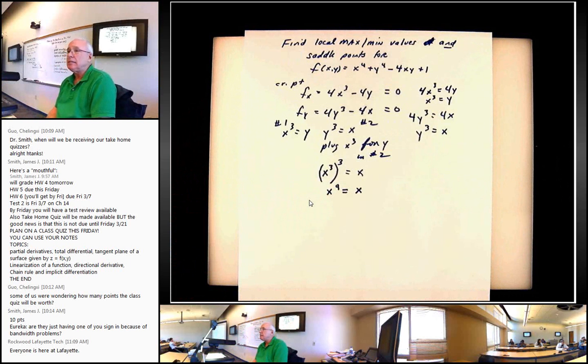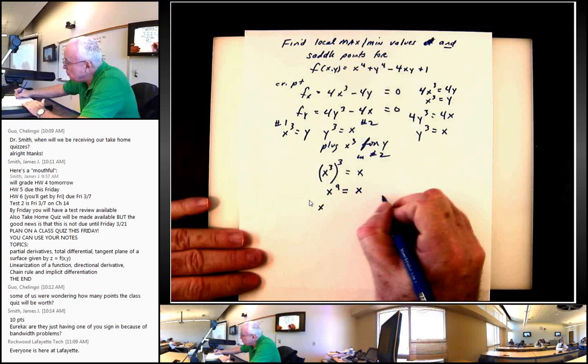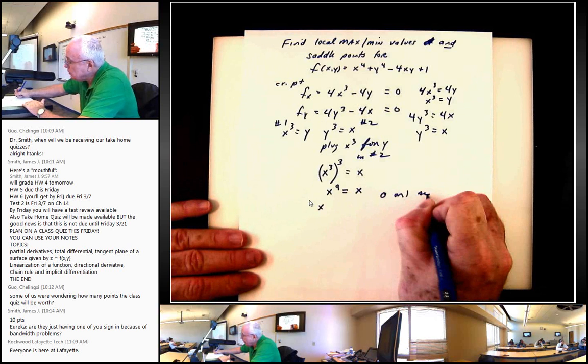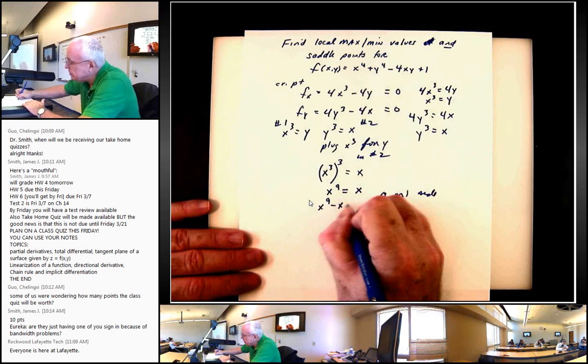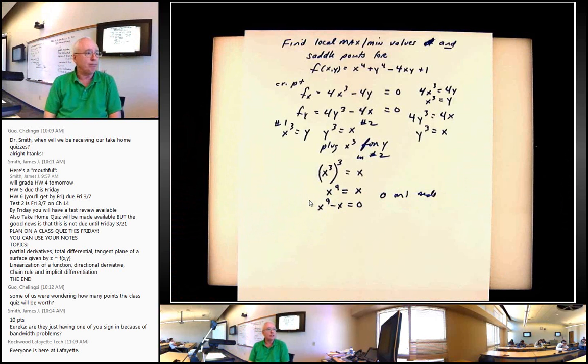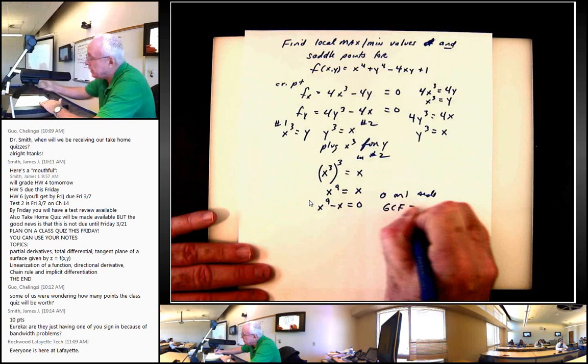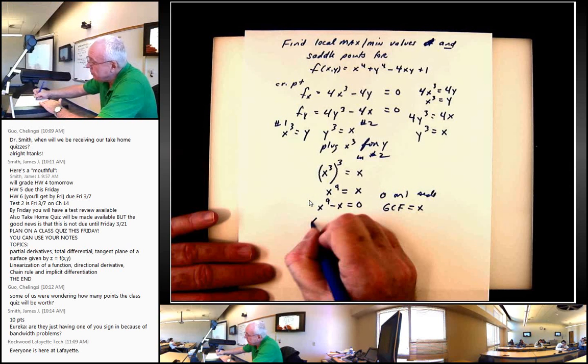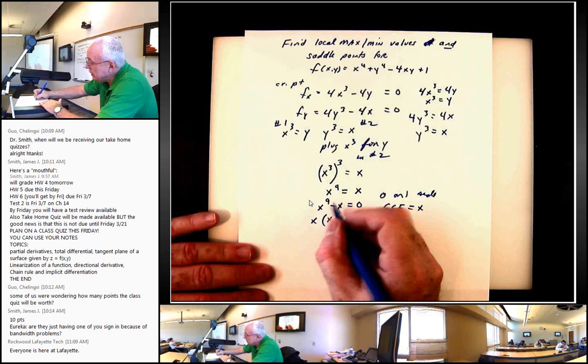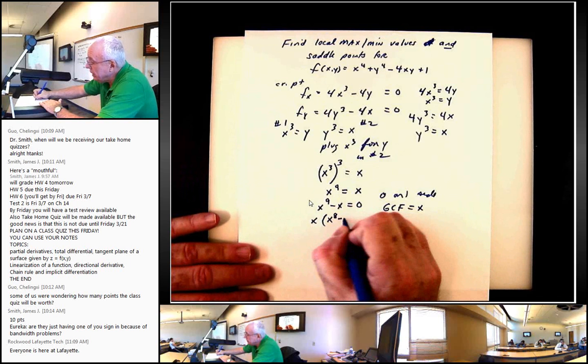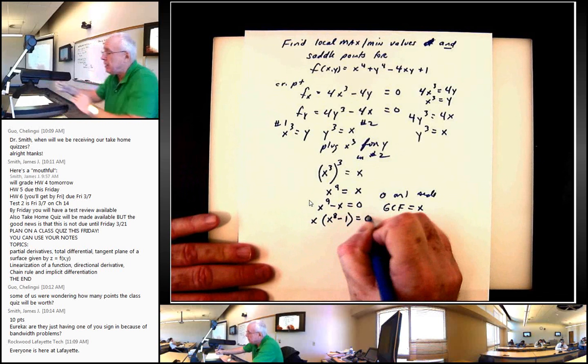To solve this, let's get 0 on one side and do a little factoring. We subtract x, so we have x to the 9th minus x equal to 0. We do have a common factor, a GCF equal to x. So let's factor that out, and x to the 9th becomes x to the 8th, and minus x becomes minus 1.